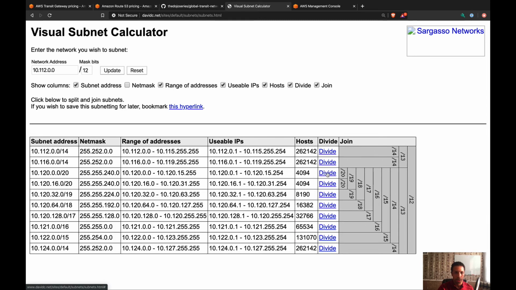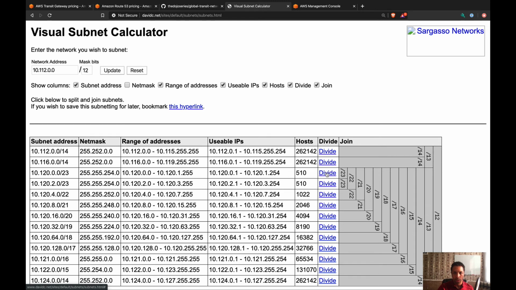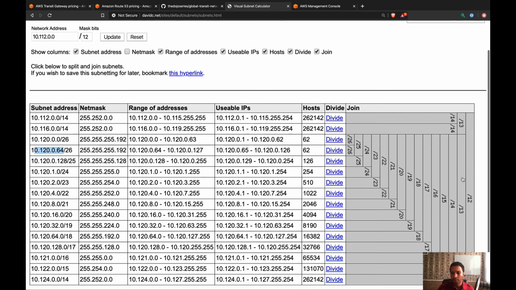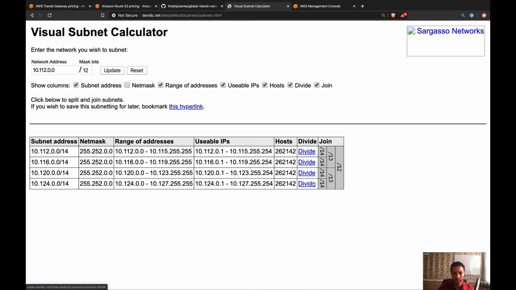Let's go back to our address and split this into /26. So /26 would give us 62 IP addresses, and this is going to be the address for each one of the subnets. This is the address then for Brazil, and finally, let's do the same for Australia.